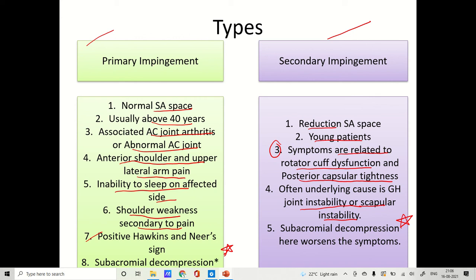When a patient comes and you don't know whether the condition is primary or secondary, you can distract the glenohumeral joint and give a glide on the humerus in the posterior direction, thus increasing the subacromial space. Either posterior or inferior direction will increase the subacromial space. If that decreases the symptom, then the patient has primary impingement, whereas if it increases the symptom, definitely the patient has secondary impingement. You can modify your therapy later depending on the condition you diagnose.